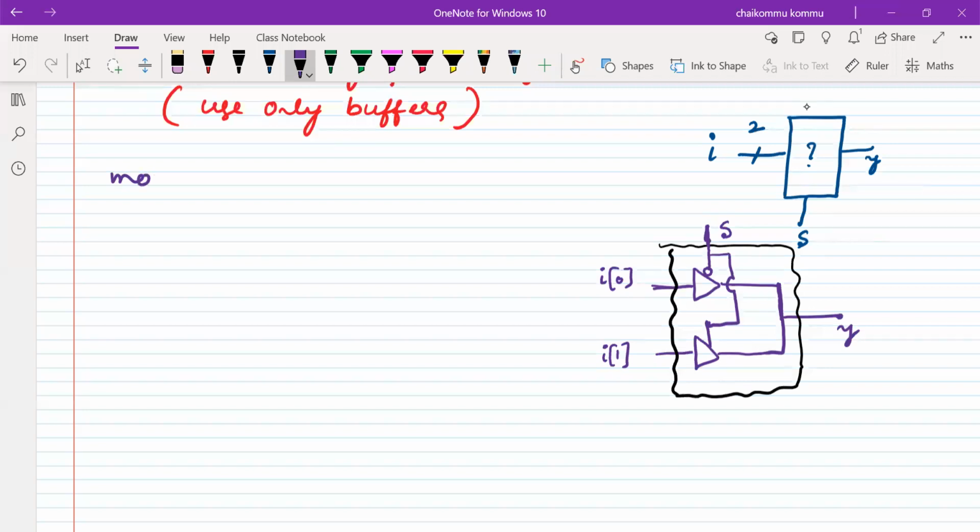Let us quickly write the module. What is the name of the module? For example, mux_2x1 by using buffers, that's why I'm writing buff. We can use any name, no problem. Here I am considering the output as Y. What are the inputs here now?